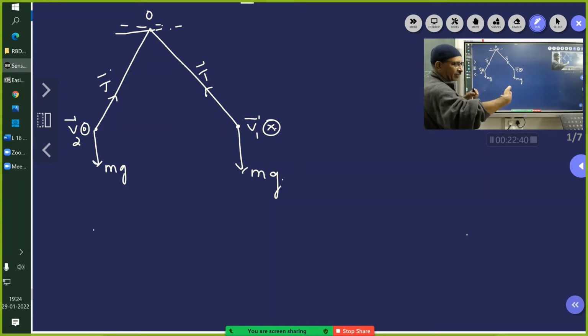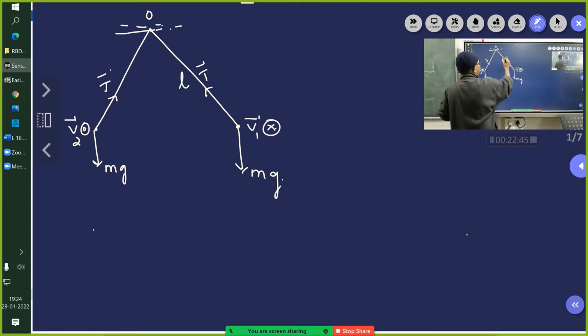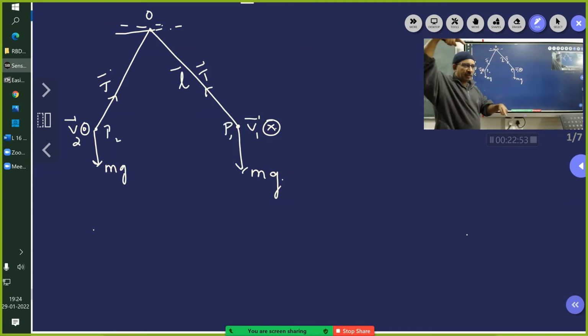So the V bar vector is like this, and this line, this length itself becomes L bar, from O to the point P. So the angular momentum will be this. L bar cross M V bar.